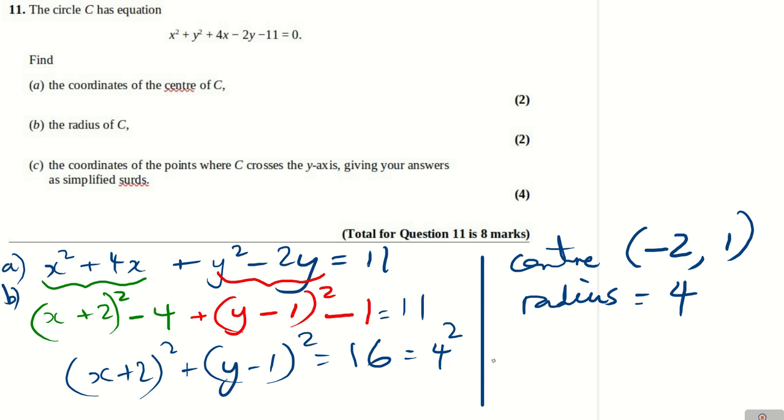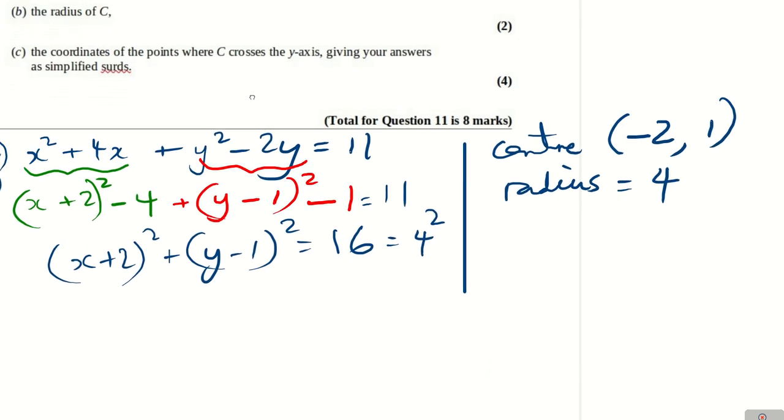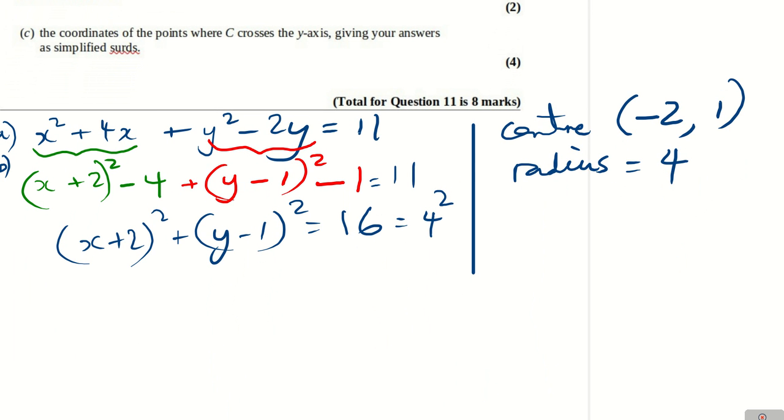Okay, now part C. We now want the coordinates of the points where C crosses the y-axis, giving your answers as simplified surds. Right, well, where C crosses the y-axis, what do we know about the points where it crosses the y-axis?